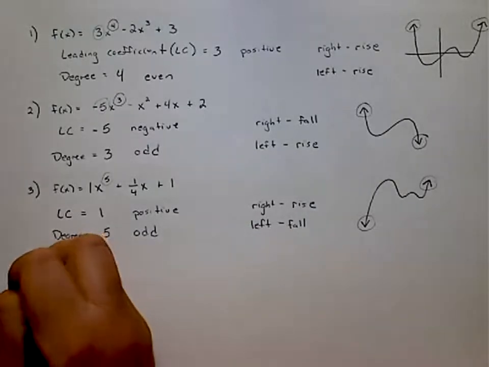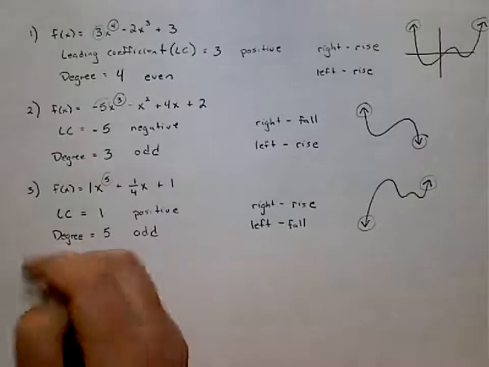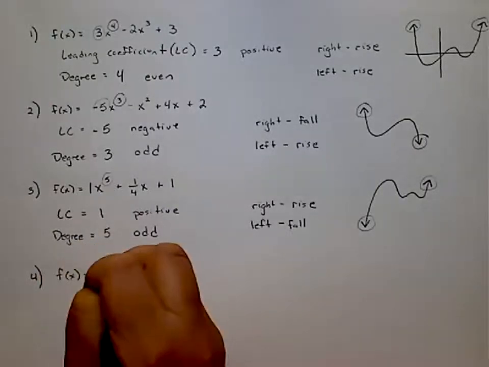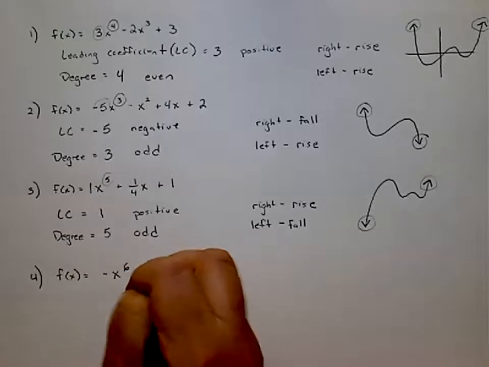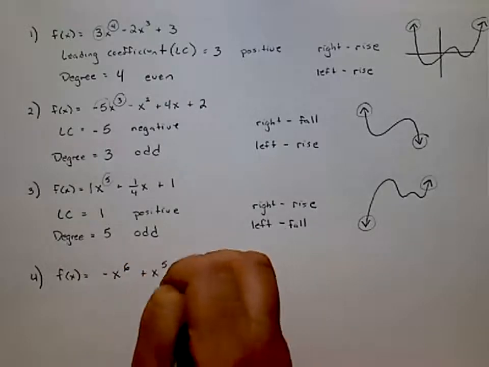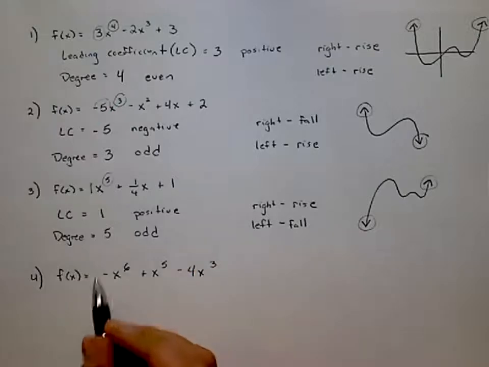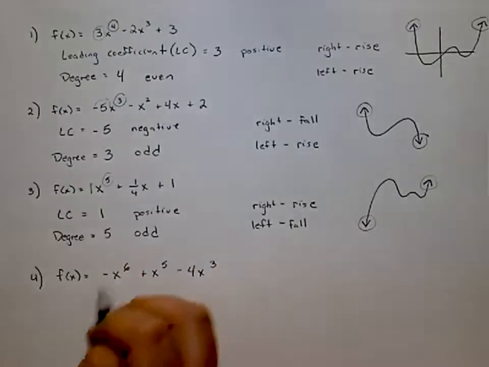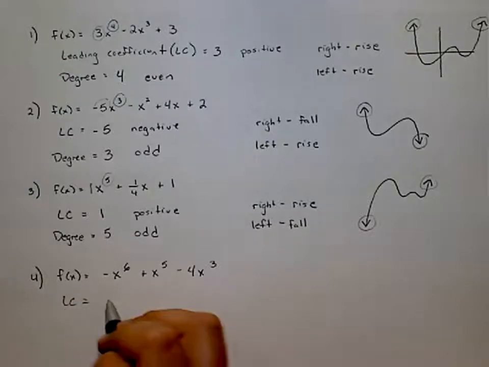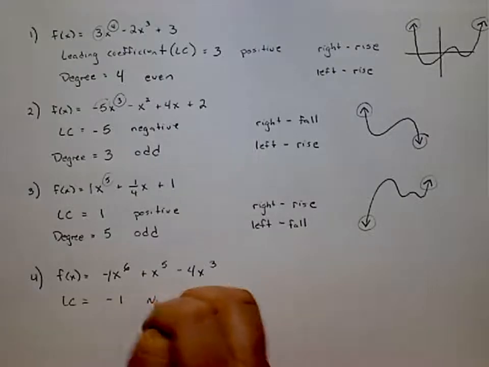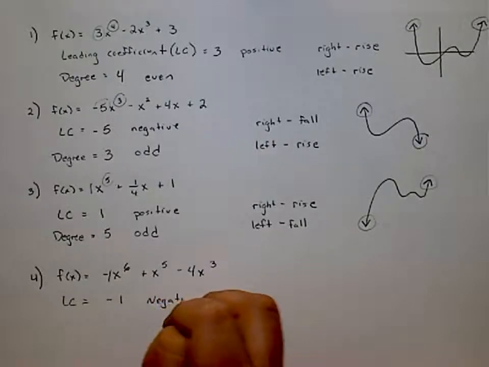The last leading term test example that we're going to look at is negative x to the 6th plus x to the 5th minus 4x to the 3rd. Now our leading coefficient is really -1. There's really a 1 there next to that negative. So that is a negative number.